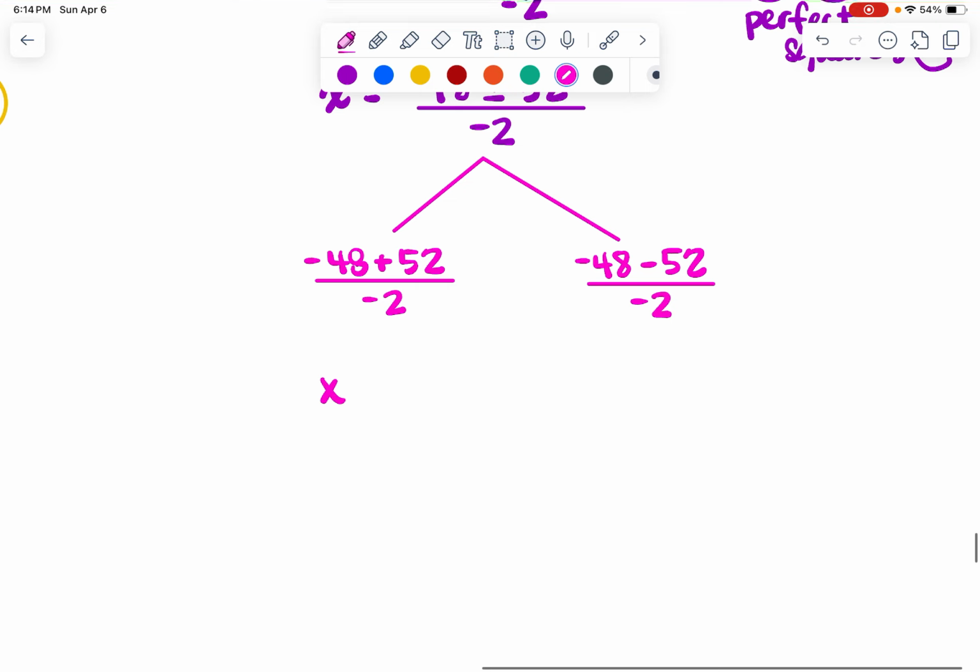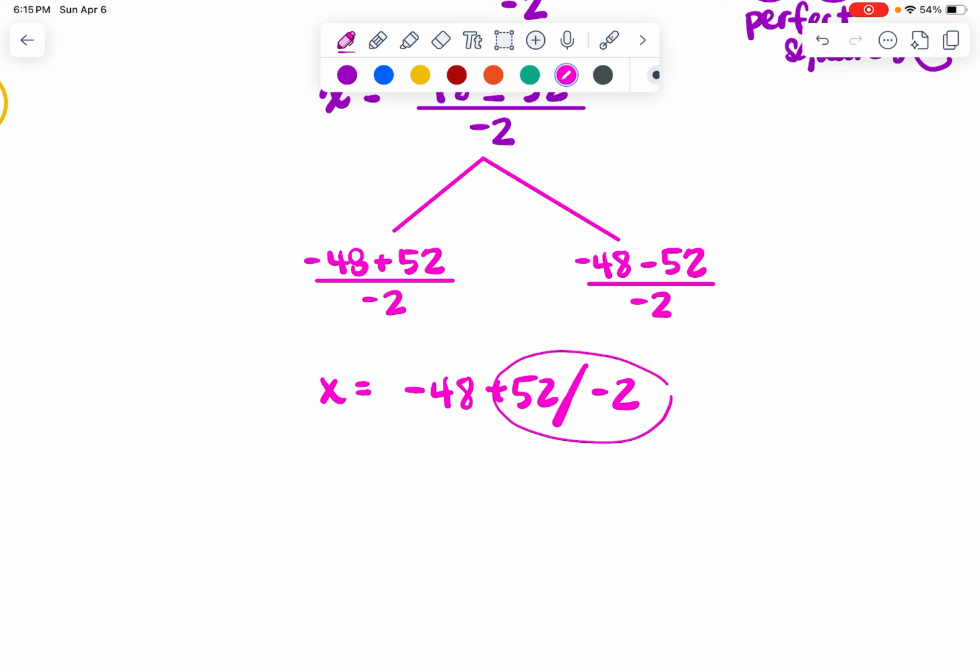And so for this one, we're going to get x equals, please use the fraction mode on your calculator, right? Go to alpha y equals and hit enter. Because if you just type it in your calculator like this, divided by negative 2, you're going to get the wrong answer. Because your calculator is going to do the division first and then add because it's programmed to do the order of operations. So please use the fraction mode on your calculator so you don't mess up at this point.